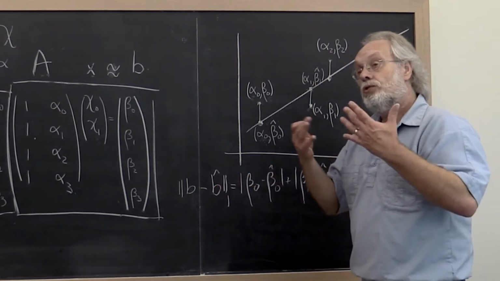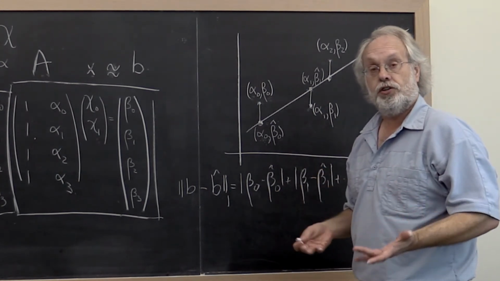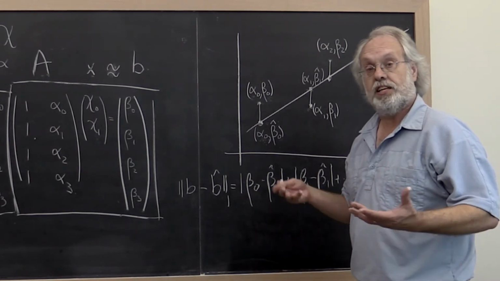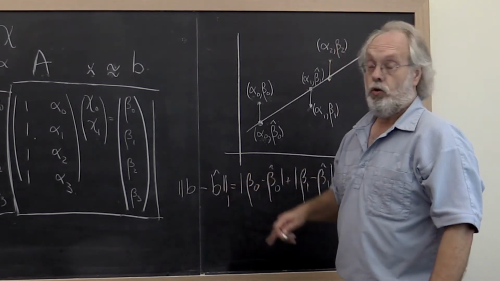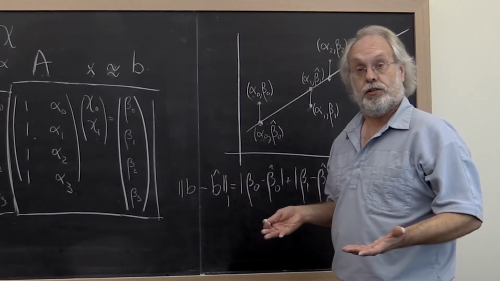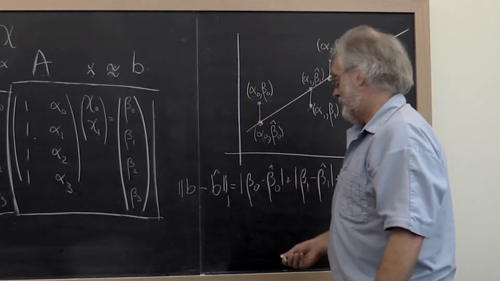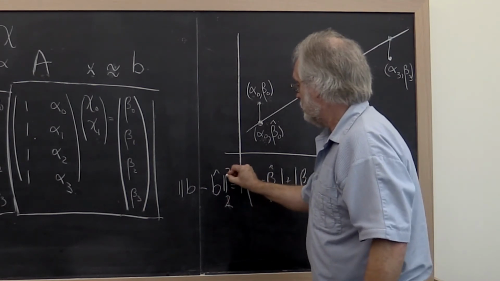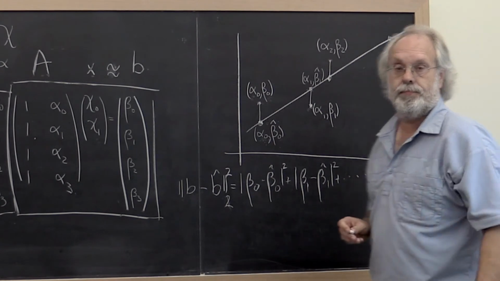Now, when you try to minimize, what did you learn in calculus? You take the function, you differentiate it, you set it equal to 0. But that means that the function has to be differentiable. And notice that the one norm is actually not a differentiable function in general. So for that reason, people use the square of the 2 norm and minimize that instead.